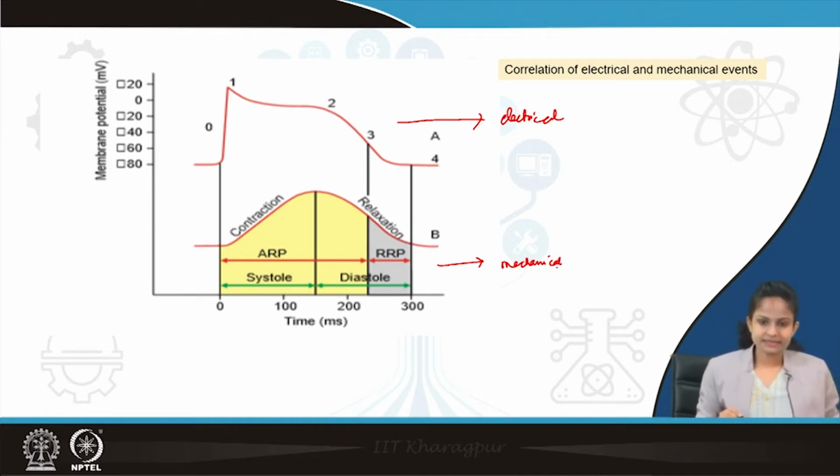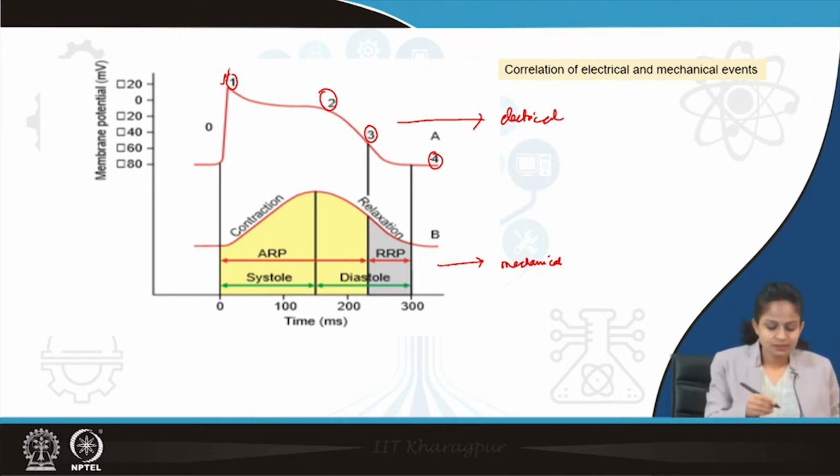So, here we can see whenever there is this depolarization, this is the 0 phase depolarization, this is the phase 1, this is the plateau phase, this is the repolarization phase, final repolarization, and the phase 4 is the resting membrane potential. So, if we correlate this with the mechanical event, we can see the contraction which is starting.